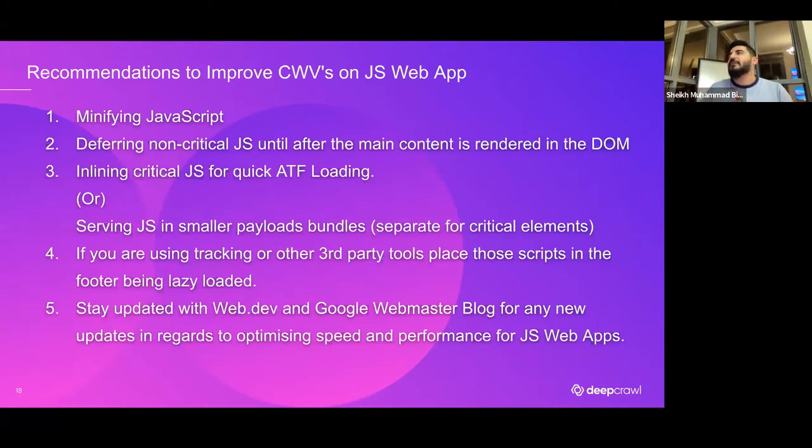So let's say your website has a JavaScript of a size of 1 megabyte. Now, 1 megabyte is a really big payload, and it might have functions which are critical and non-critical at the end of the day. So if your critical JS is maybe 200 kilobytes, you make a bundle of 200 kilobytes. You have 800 left. Still it's big, so let's make chunks of 400 and 400 kilobytes.